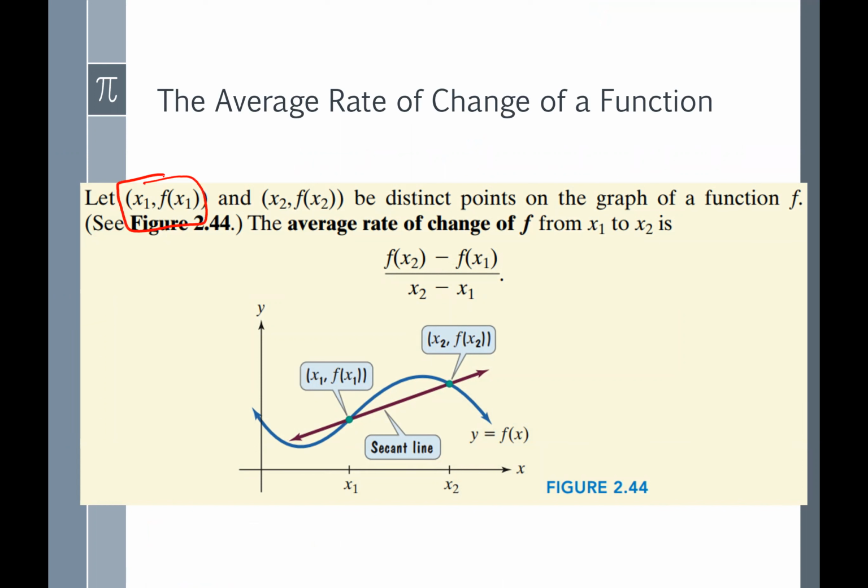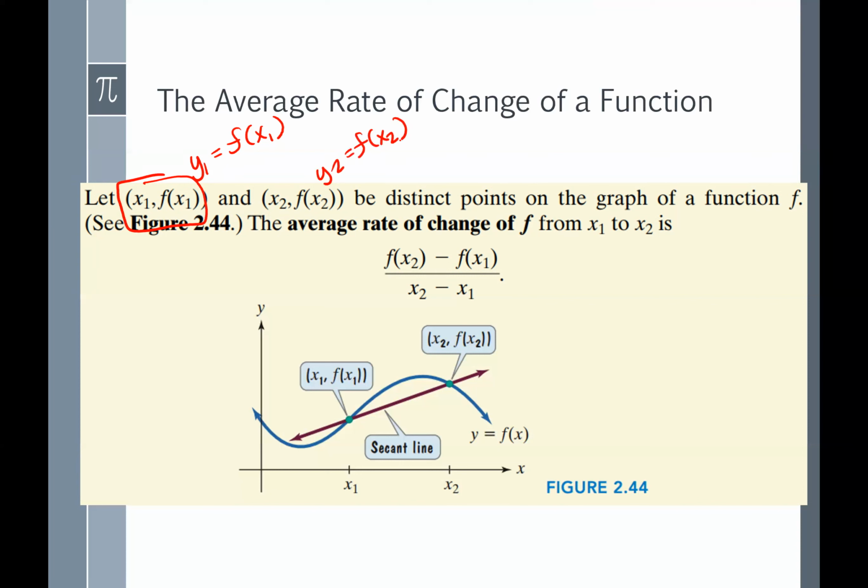When x is this value x sub 1, its y value is the function value f of x sub 1. So remember, y sub 1 and f of x sub 1 are the same thing. And x sub 2, f of x sub 2. So y sub 2 is the same thing as f of x sub 2. Be distinct points on the graph of a function f.